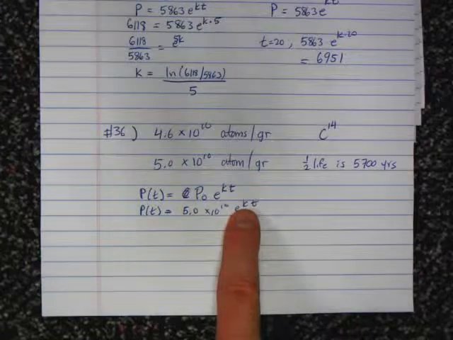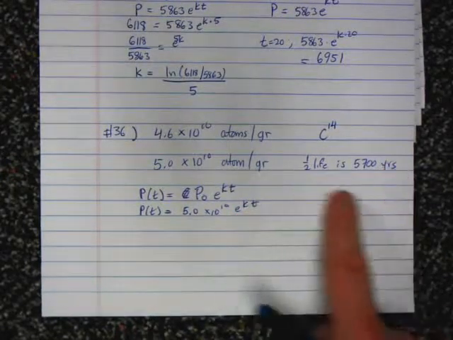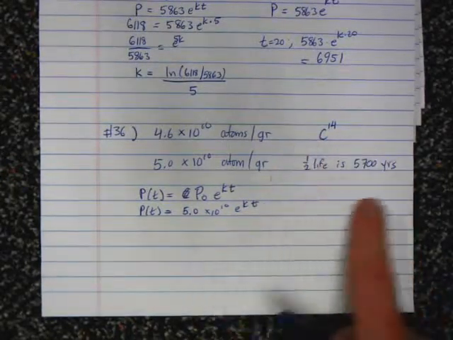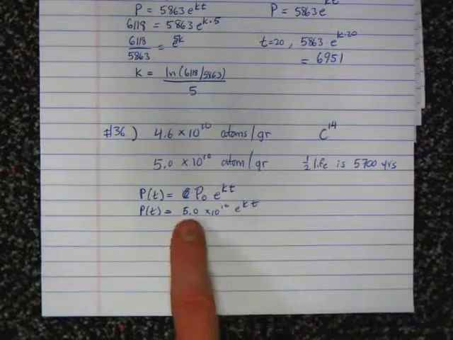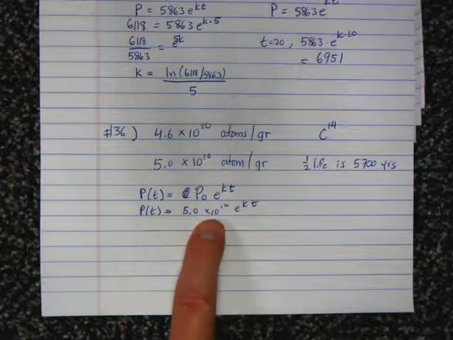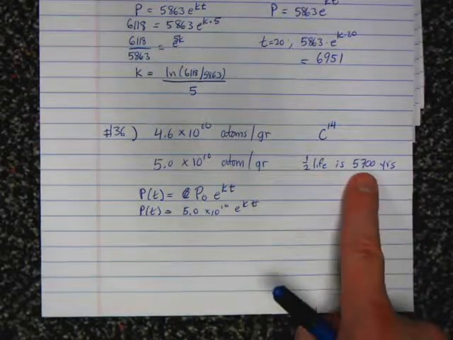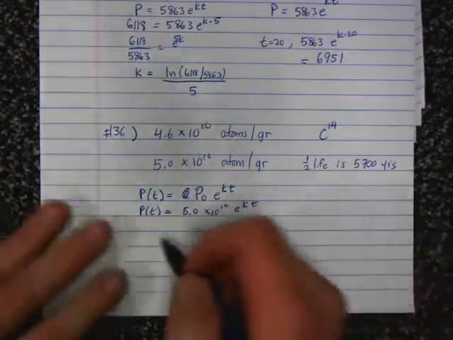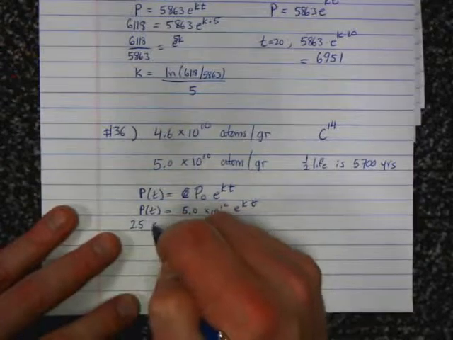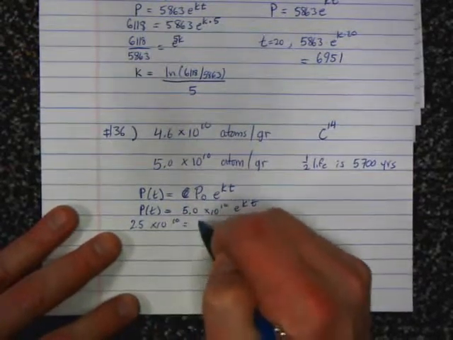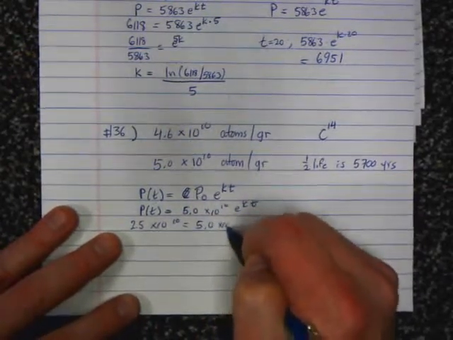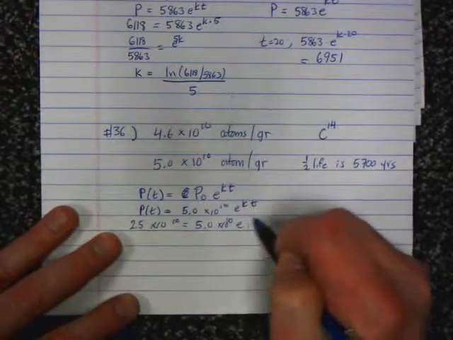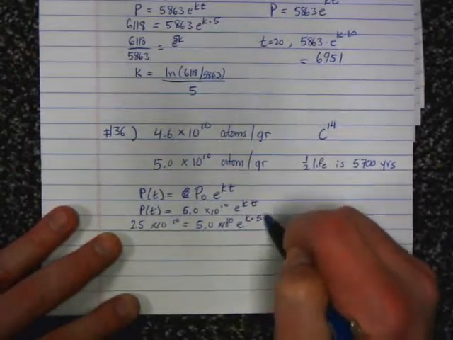Now I've got to find the k number. To find k, I use the half-life information. If I started with 5.0 times 10 to the 10, in 5,700 years, how much am I going to have? Half of that, right? So I would have 2.5 times 10 to the 10 equals 5.0 times 10 to the 10 e to the k times 5,700.